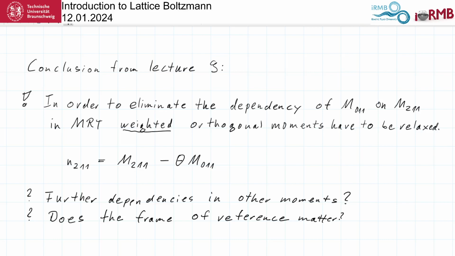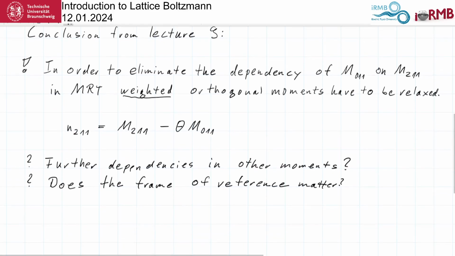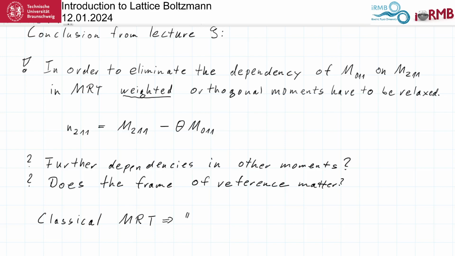Okay, now this is what we are looking at. So there is this classical MRT method, that is the one from d'Humières and Lallemand and Luo. Classical MRT is based on raw moments.